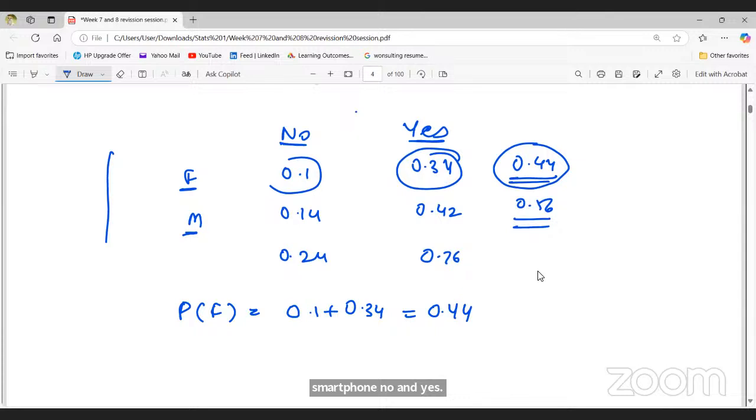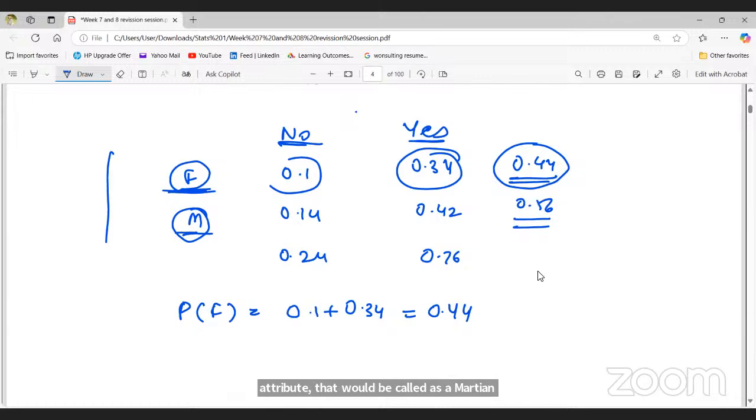If I have to calculate the probabilities of each category, we call it a marginal probability. Or you can say for a single attribute, like this is a single attribute, this is a single attribute. If I have to calculate the probability of a single attribute, that would be called a marginal probability. Okay.